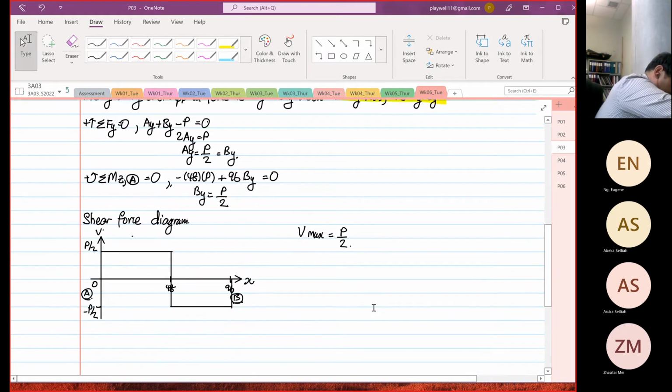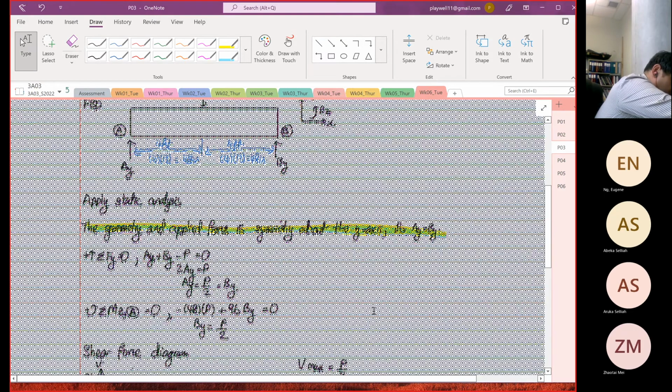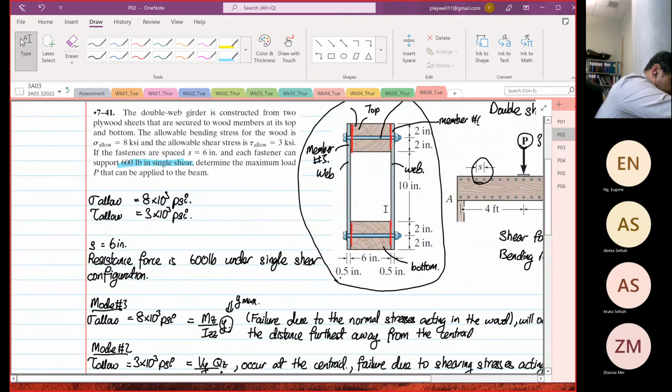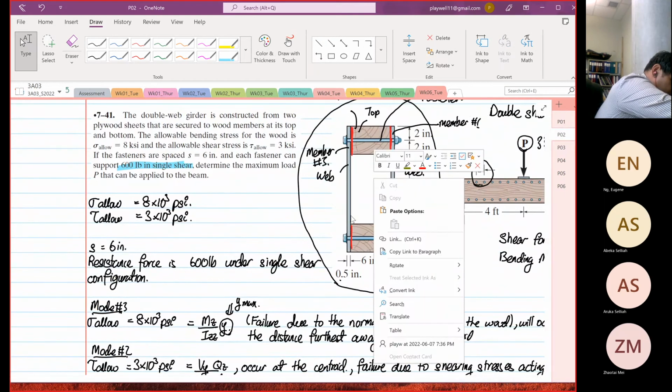Then the next thing we're going to do, again, I'm going to copy the diagram.